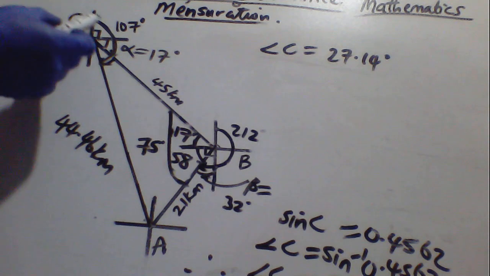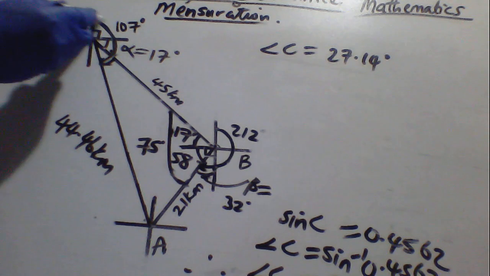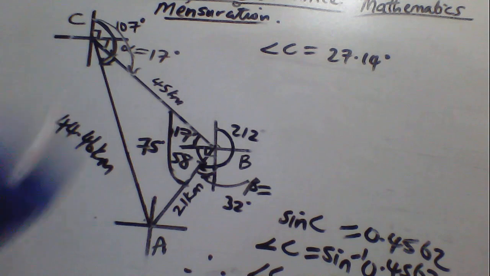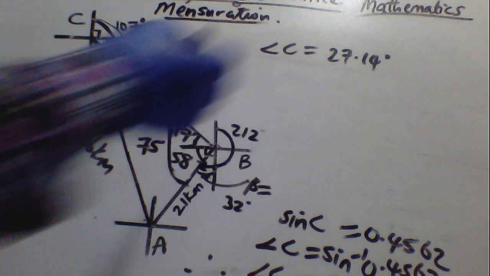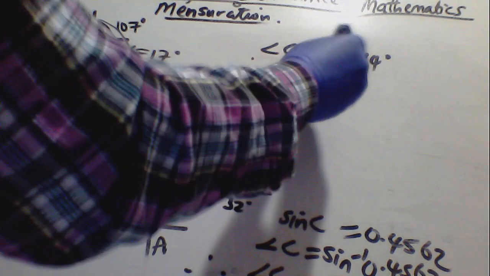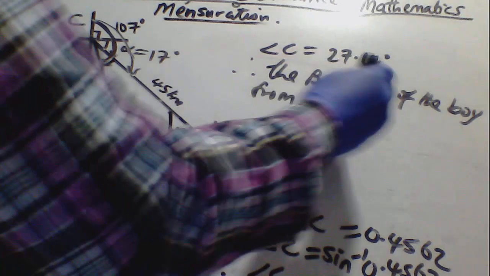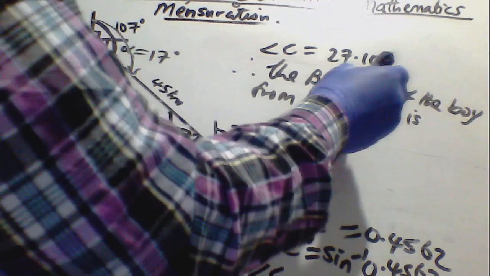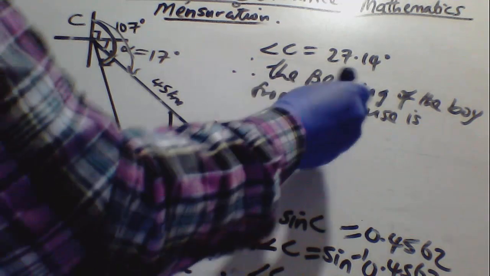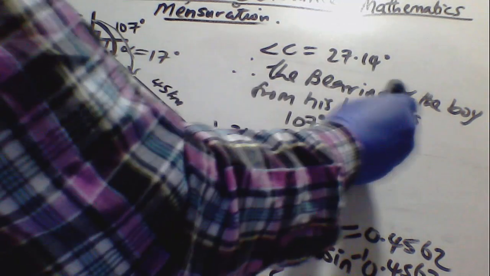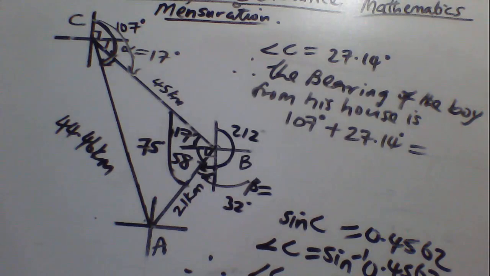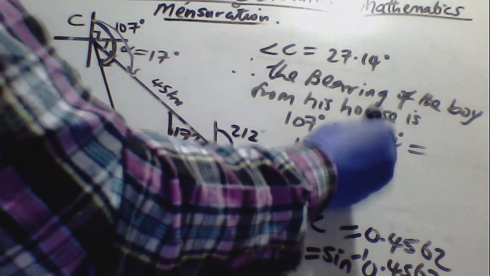So already we know from this point here to here to be 107, include angle C. So therefore the bearing of the boy from his house is 107 degree plus angle C, 27.14 degree. And doing it, you have 134.14 degree.